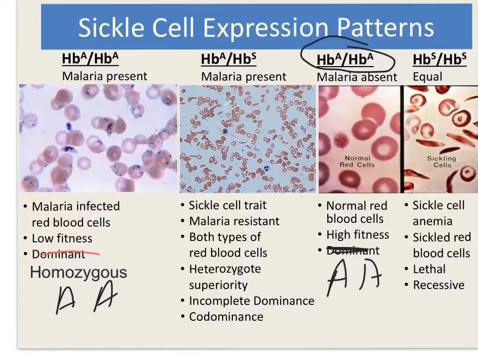Now, if you have HBS, HBS, you have sickle cell anemia, you have sickled red blood cells, it's lethal, but you need both copies of S for this to happen. Okay, so you can see what it looks like. These blood cells, it's called anemia because they don't carry oxygen very well.